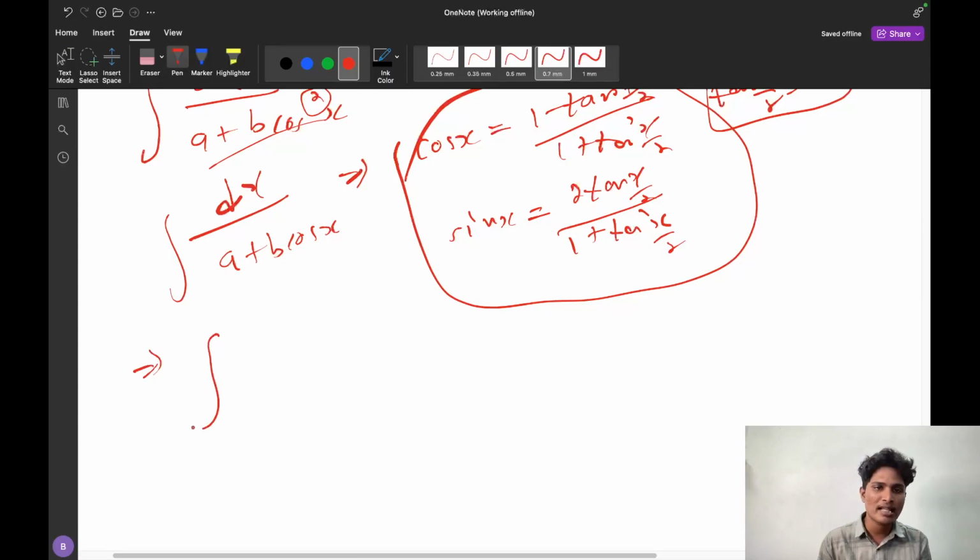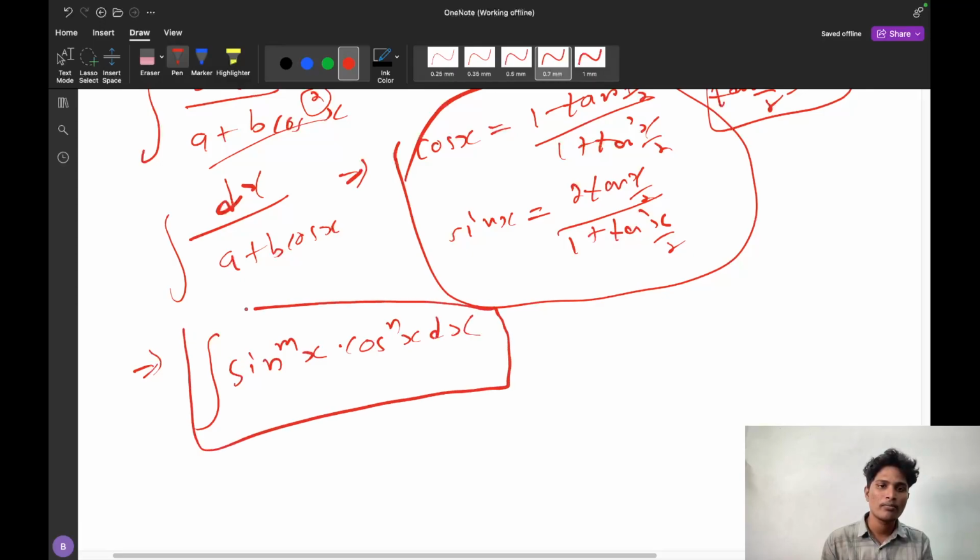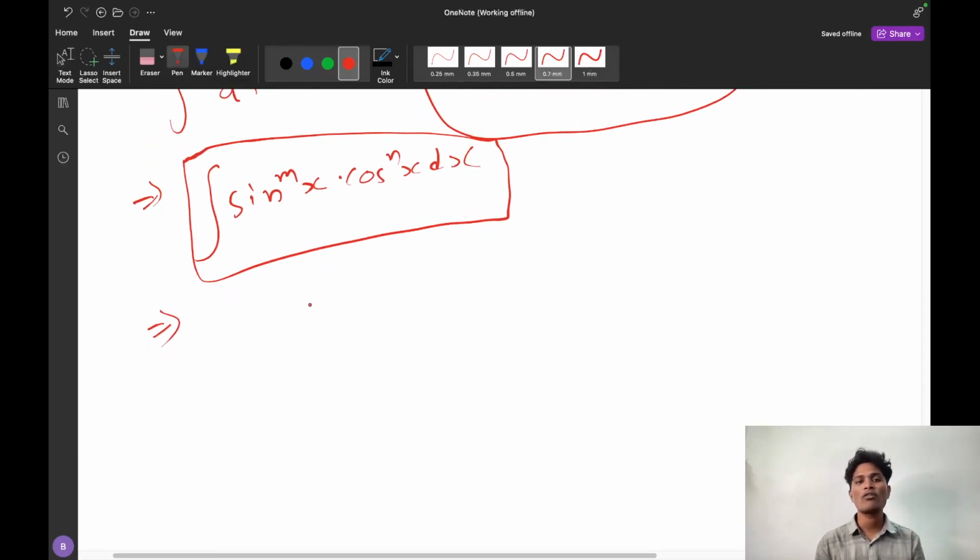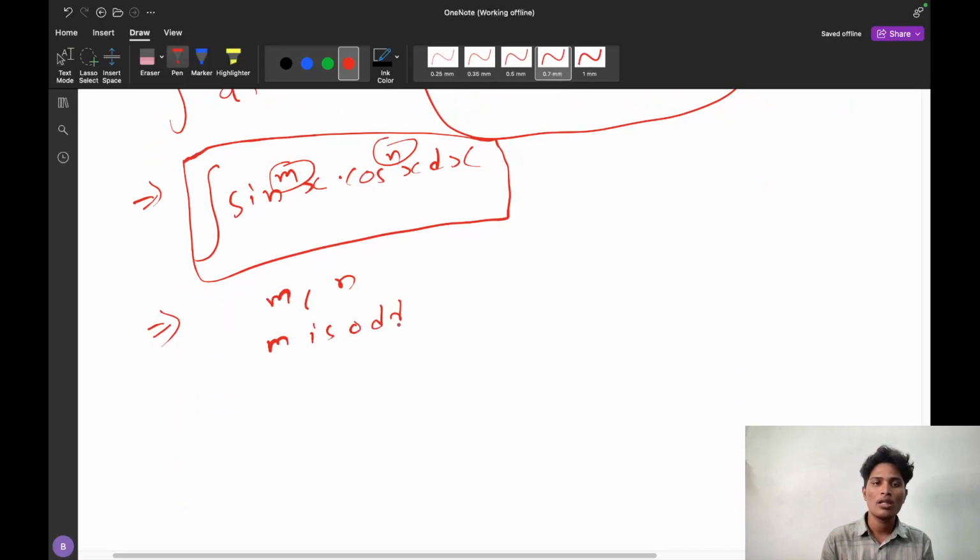Suppose this is another format, that is integral of sin power m x into cos power n x dx. Suppose this is a question. What we have to do? We have to see the powers m and n. We have to take the cases: m is odd, n is odd, m is even, n is even.